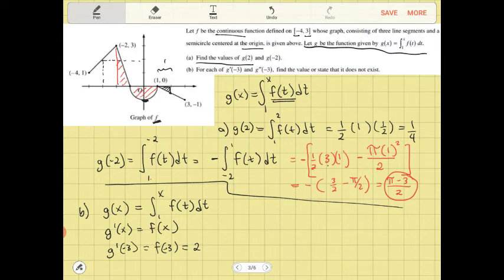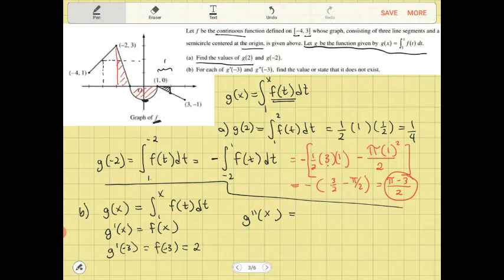Alright, so let's do g double prime of negative 3. How do I get that second derivative at negative 3? Well, first of all, slow down. What is the second derivative of g?